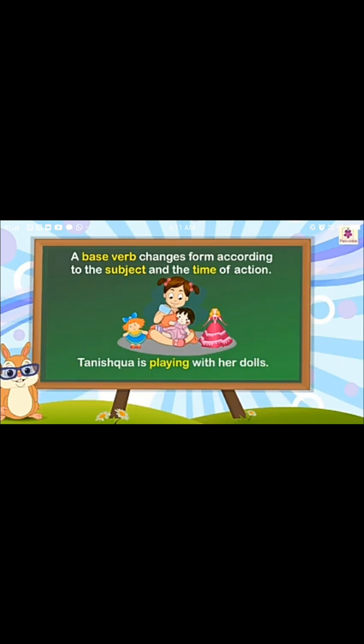Second sentence. Tanishka is playing with her dolls. The action is in progress. Tanishka, singular, so we have a single verb, is, not are. We are not using are, which is used after a plural subject. So Tanishka is a singular subject, we are using is. Tanishka is playing with her dolls, and the playing verb form is in present tense as the action is in continuity.